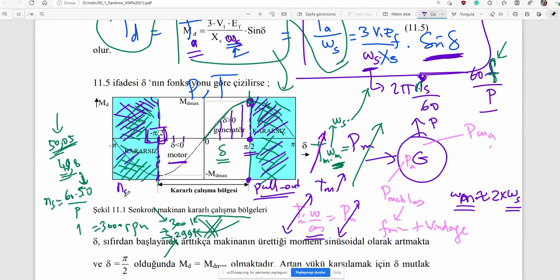Rotor speed goes down to 0 here, and here rotor speed goes up to double ns. Approximately, not as a general rule, it must be kept below double ns, in fact. Otherwise it will be dangerous for mechanical parts due to centrifugal forces.